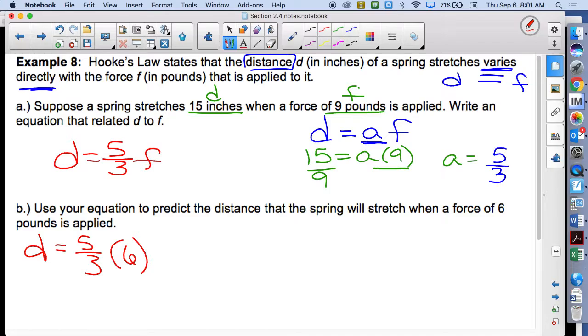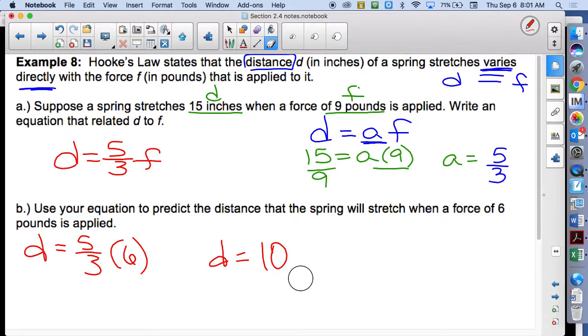I'm not going to stretch it as far since I'm not using as much force to pull the spring apart. And Gala, when you take 5/3 times 6, what do you get? Yeah. And we'll label this with inches, not feet. So I can pull this spring 6 inches instead of 15 because we're only applying 6 pounds of force to it.